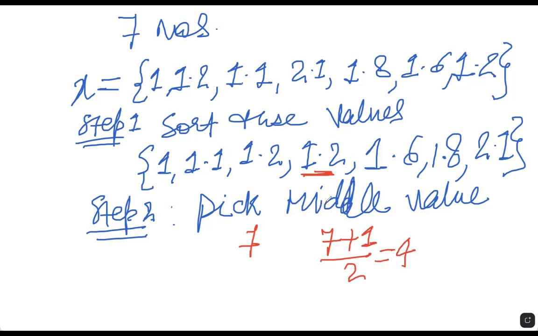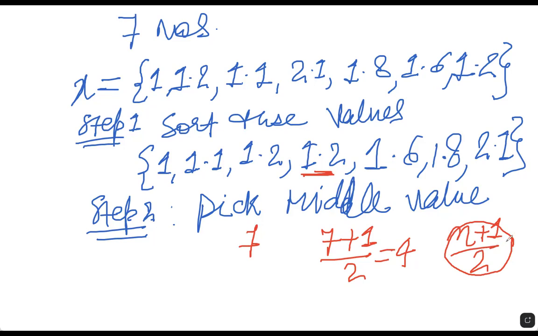Since 7 is odd, we will see what happens if the number of data points is even. Right now, I am looking at an odd number of values. So if I have n numbers, and n is odd, I will compute n plus 1 by 2.